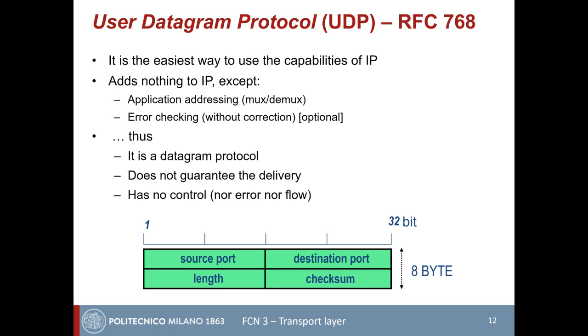The header is the green rectangle you see in the picture. It has two words of 32 bits. This format of listing the fields of the headers in rows of 32 bits is very common, and you will see it both in the transport layer and also in the IP layer.